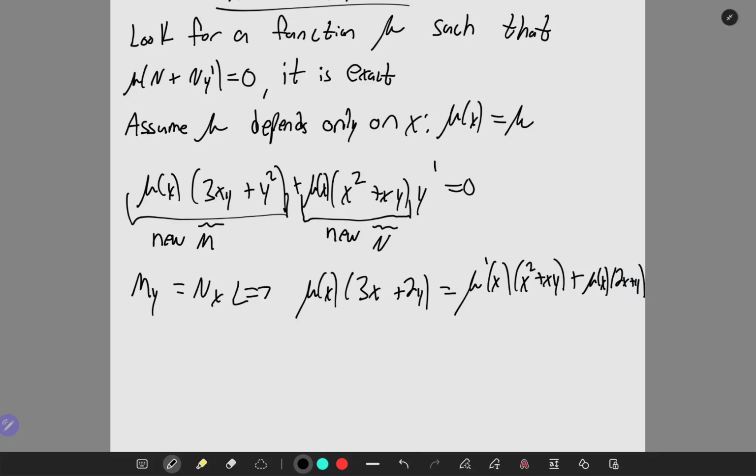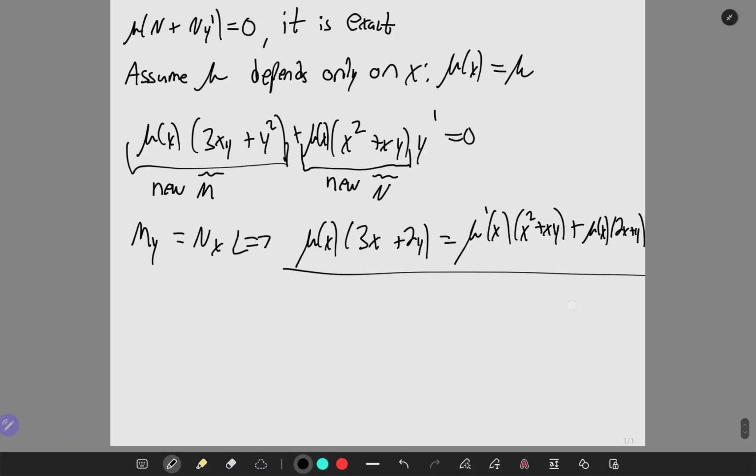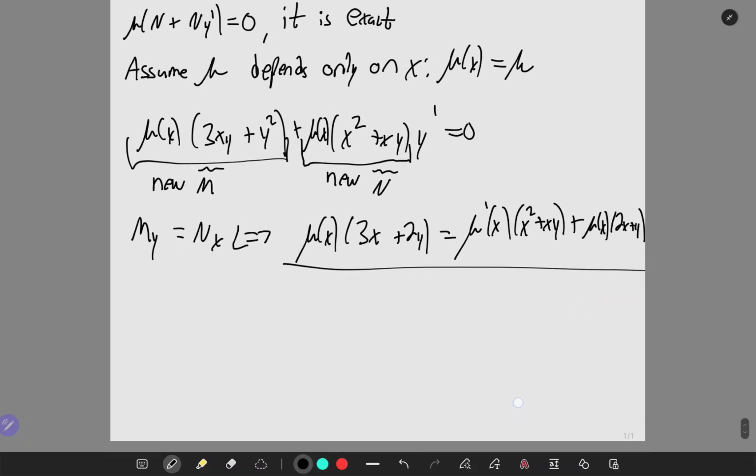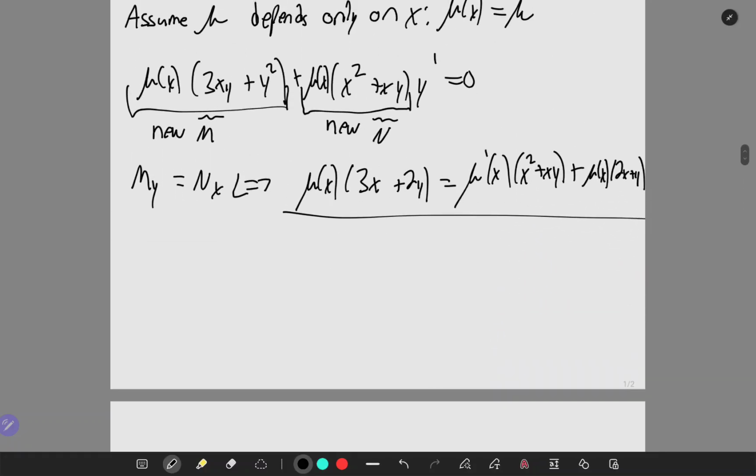Okay, so now we have this. Let me move some things over. We can also remember mu of x is equal to mu, right? So we know it's a function of x, but let's just rewrite it like this to save ourselves some space here.